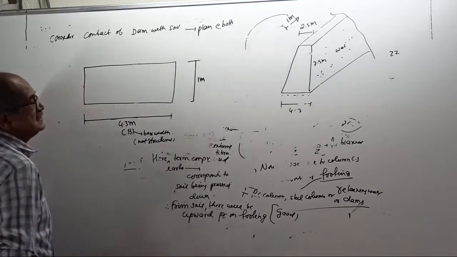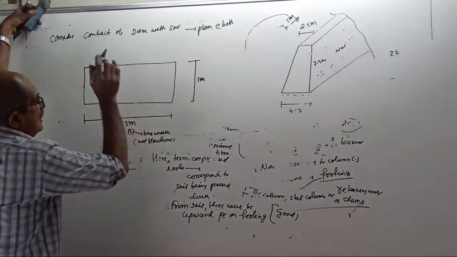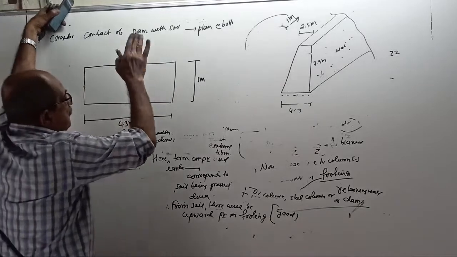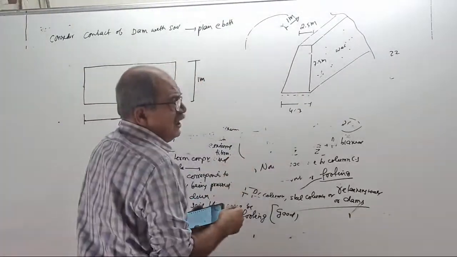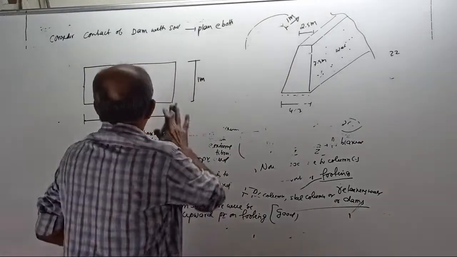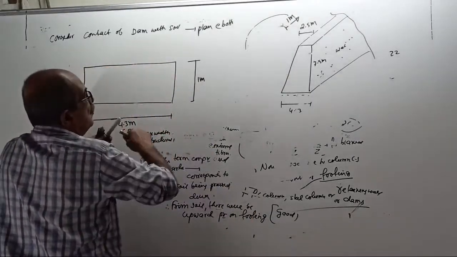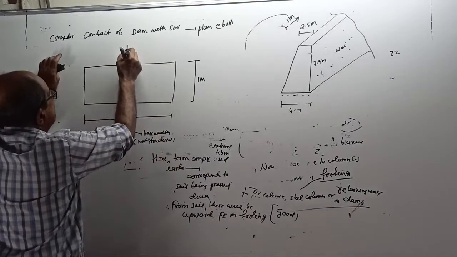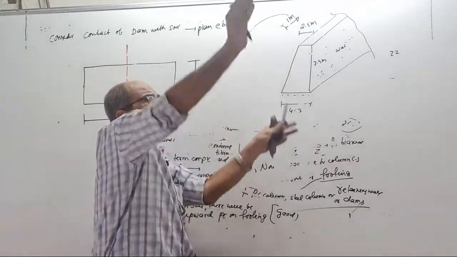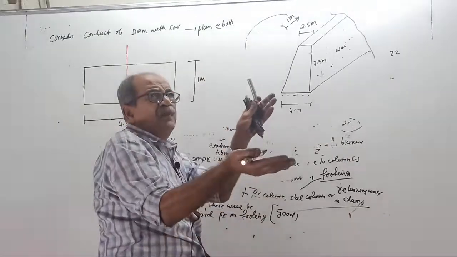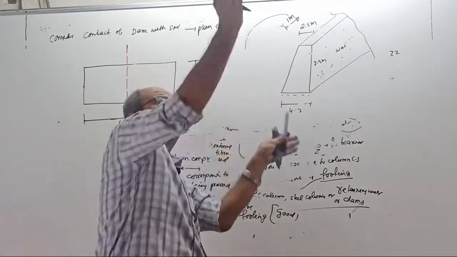See, now, first you calculate loads. I will first calculate loads coming and other things. Now, this is the axis to be considered. All this moment or BM for the base will come this way and this way.